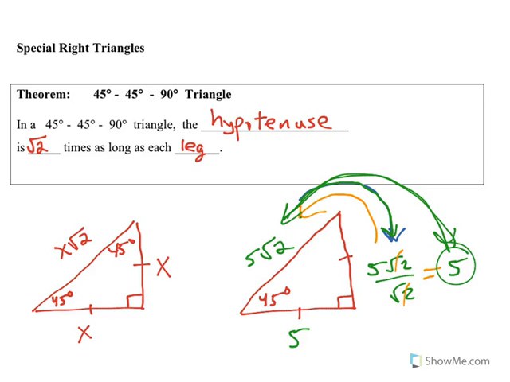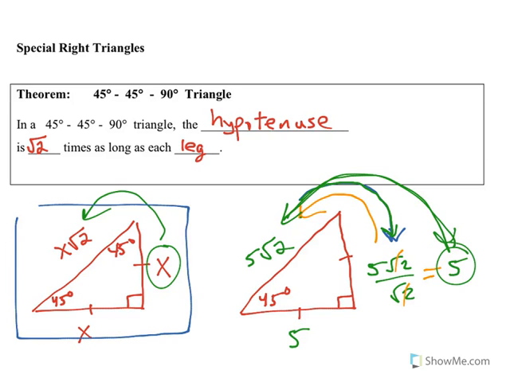So you need to kind of pay attention to which direction you're going with that relationship. So it's whatever the leg is multiplied by square root of 2 to go forwards, or to go the other way with it, you can divide by square root of 2. So what you want to memorize is this special relationship right here. And let's go ahead and look at the other pattern.